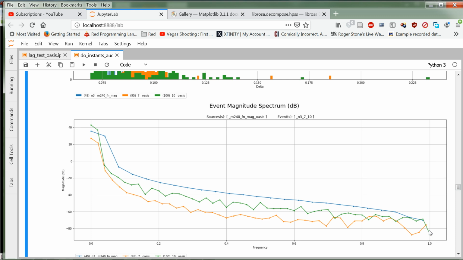what's the probability of that frequency occurring? So whatever frequency this represents over here, this is the highest probability of it occurring, and then as the frequency goes up, the probability goes down. And as you can see, all three, this gun and those 2 volleys, all have a very similar curve.